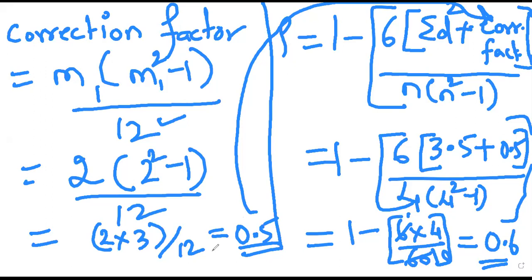Just make note of this, then we will go ahead. It is only that summation d square gets added with the correction factor. That is the only change in the formula. So let's quickly go for the next one.